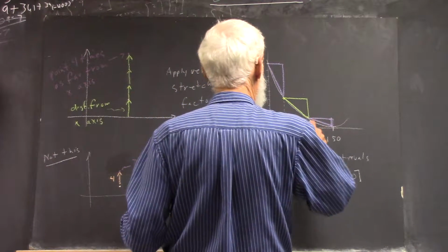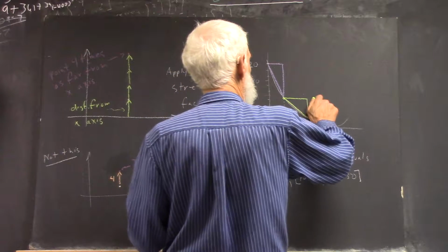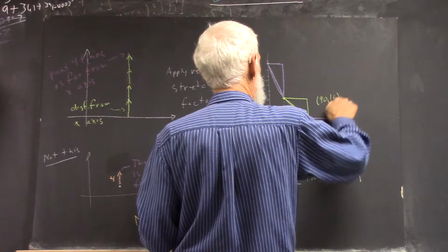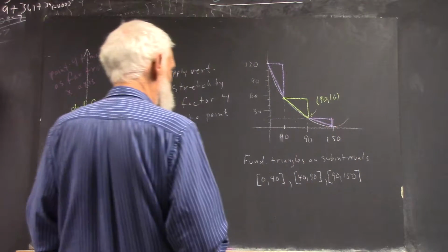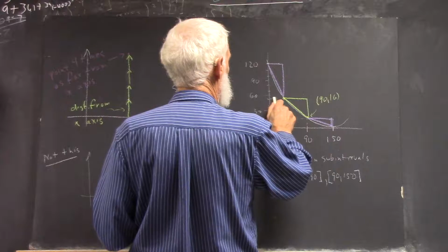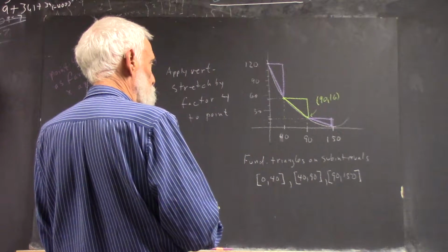And over here it's 90, right? So we've got a vertex 90/16. And over here, I'm thinking that looks like about 52.